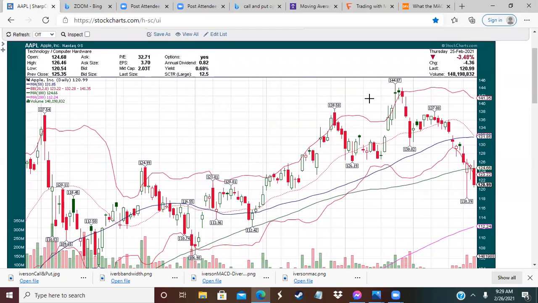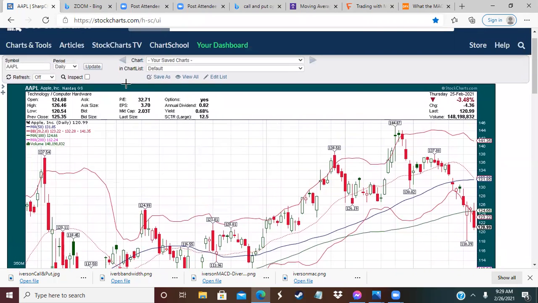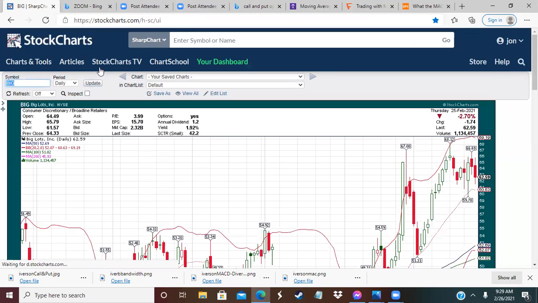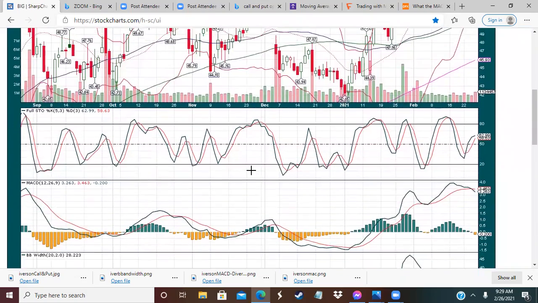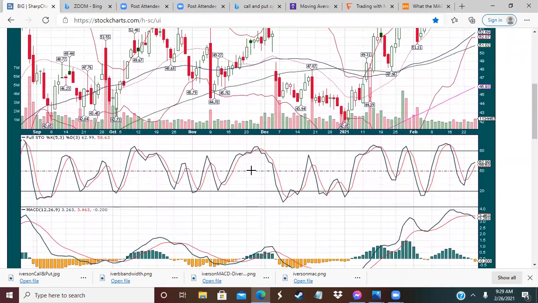None of these indicators work by themselves. They all need to be aligned with other indicators in order to give you the confidence that you're looking for. So I want to show you all of these indicators working together in your favor, or lots of them working together in your favor anyway.